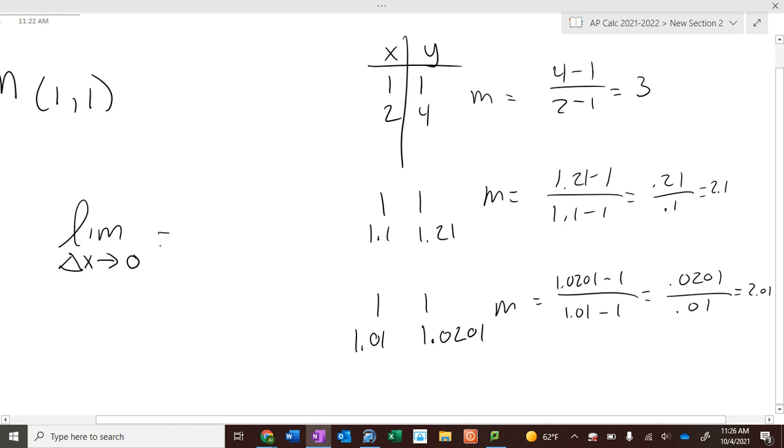As that is getting closer and closer to 0, the slope is getting closer and closer at the point (1, 1) to 2. Okay? So the slope at the point (1, 1) would be 2.